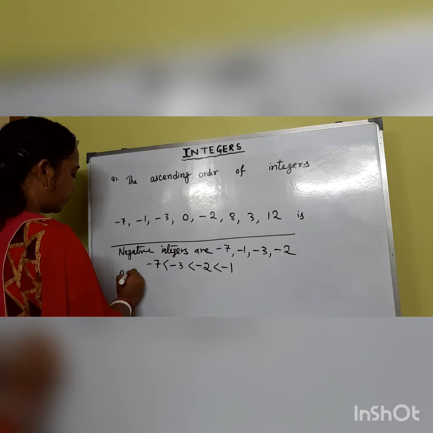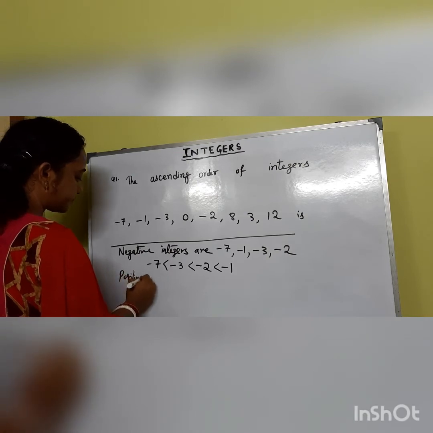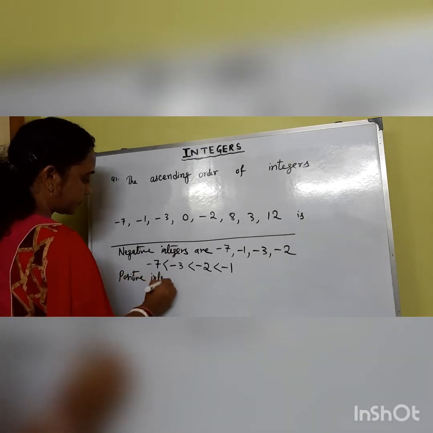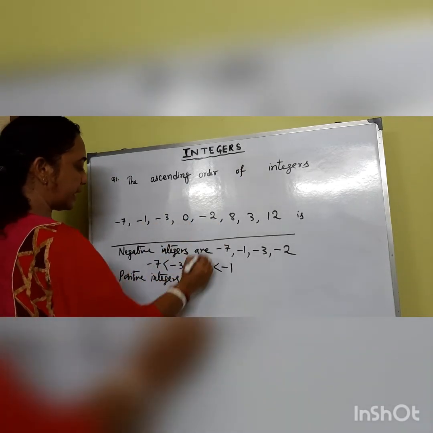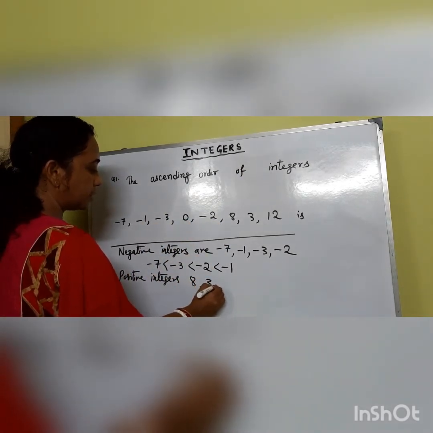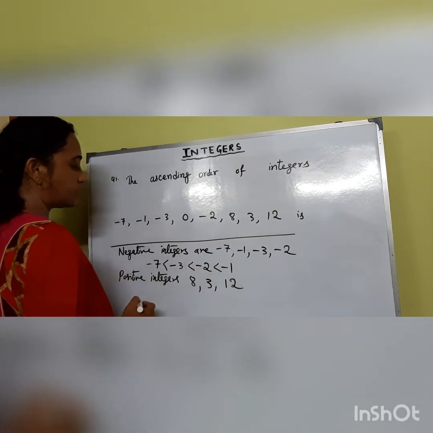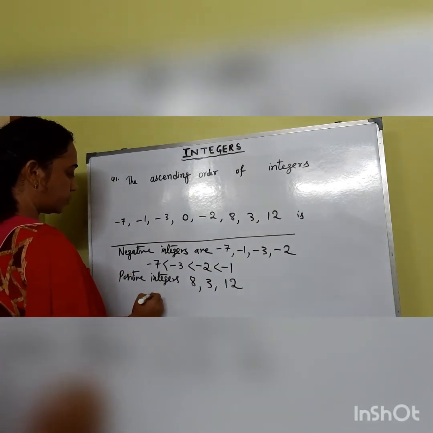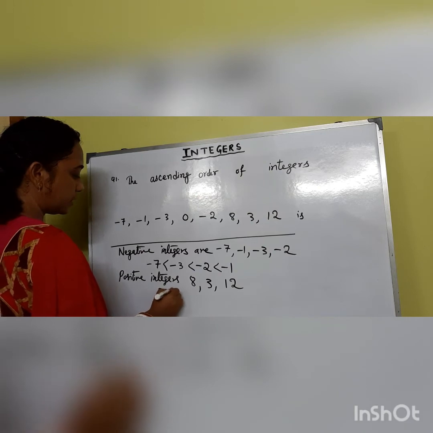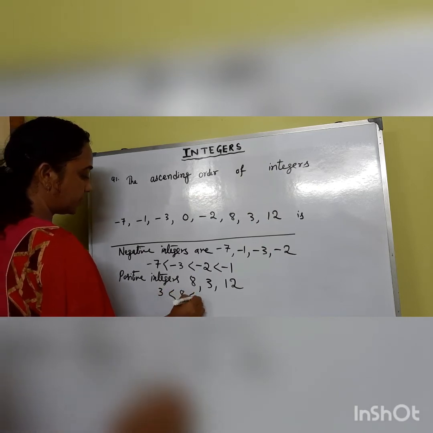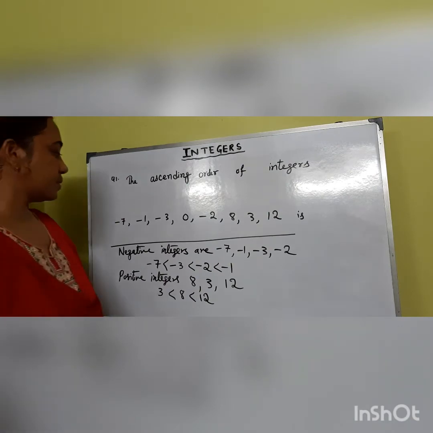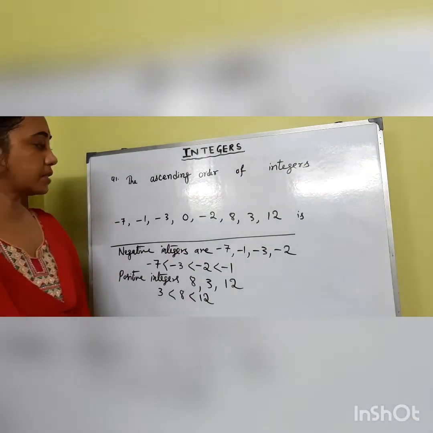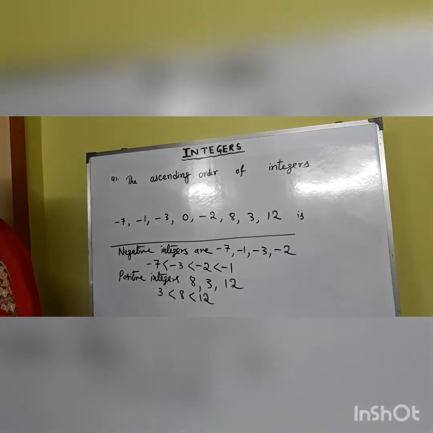Similarly, we write the positive integers. So, here the first positive integer is 8, then 3, then 12. Now we arrange them in ascending order. So, the smallest one is 3, then 8, then 12. Now we combine these negative integers and positive integers, and we place 0 between them.